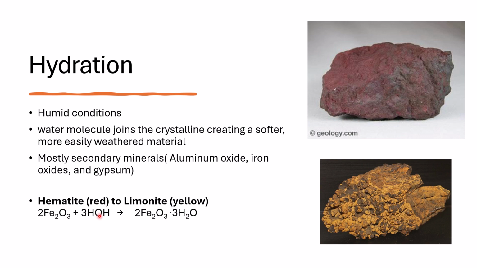It's still a water molecule, two H's and an O. It yields a new mineral once that water becomes attached chemically to that structure and becomes a whole new mineral, limonite, which is this one. Once you see it in the lab, it's very brittle, breaks apart easily, it's less dense, and it breaks down even quicker.